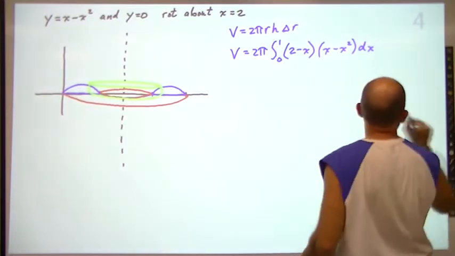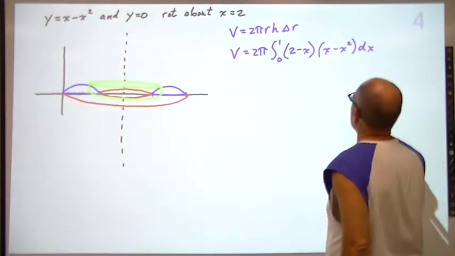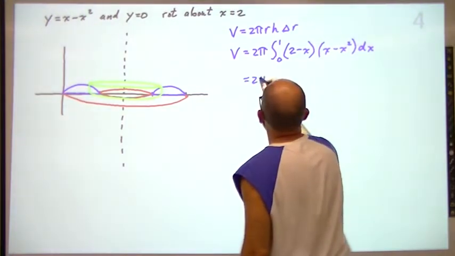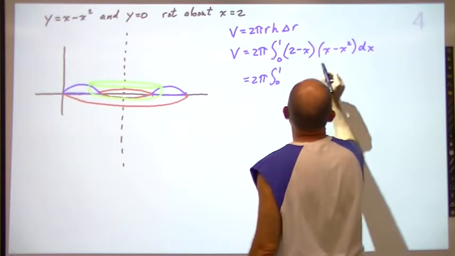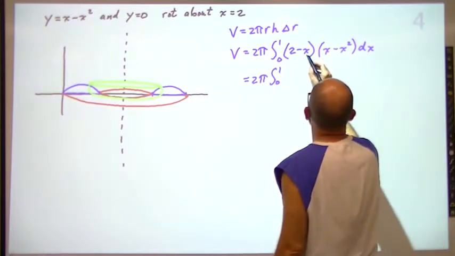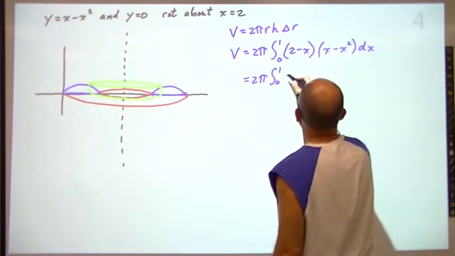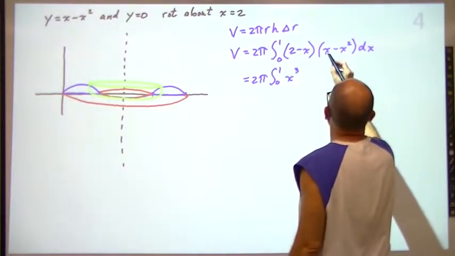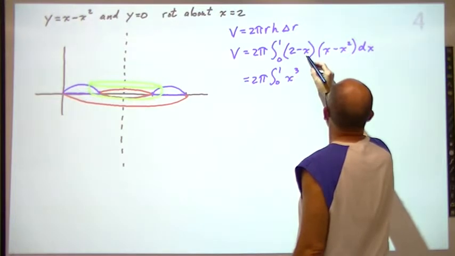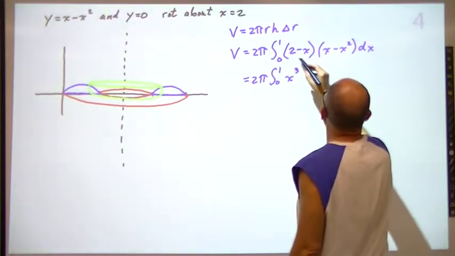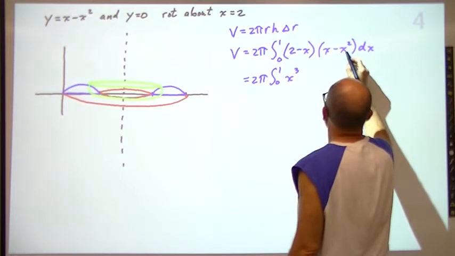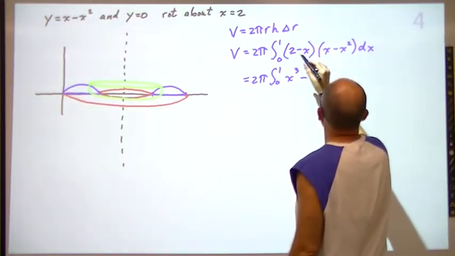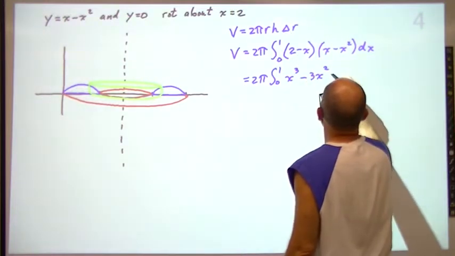All right, so now that we have this, it's going to be a piece of cake to integrate. We'll just FOIL this thing, and we get 2 pi integral 0 to 1 of, let's see, it's going to be positive x cubed, and then minus x squared, minus another 2x squared. So that's going to be minus 3x squared, and then plus 2x.